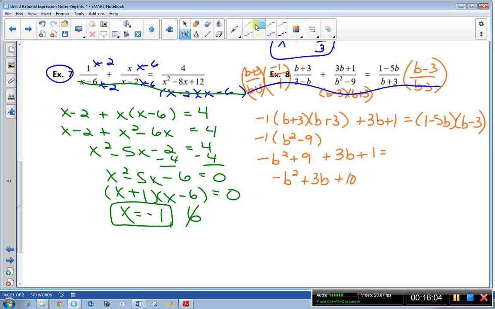And on the right side, I FOIL it, and I get b minus 3 minus 5b squared plus 15b. Cleaning that up, it's negative 5b squared plus 16b minus 3.